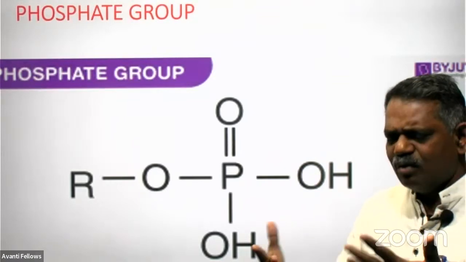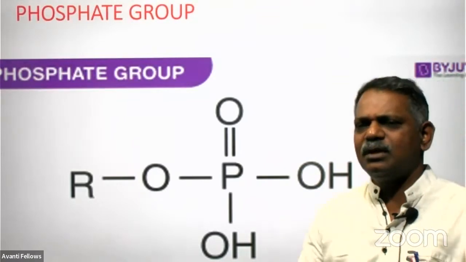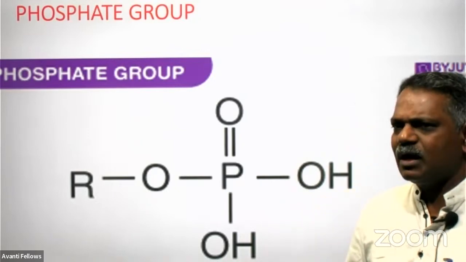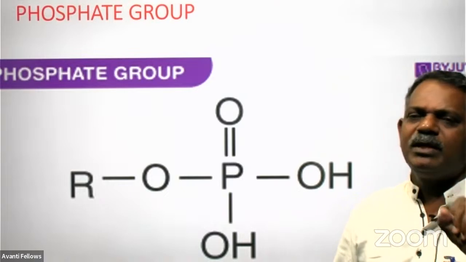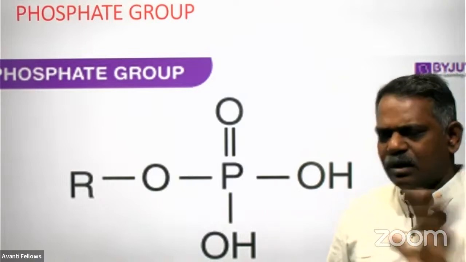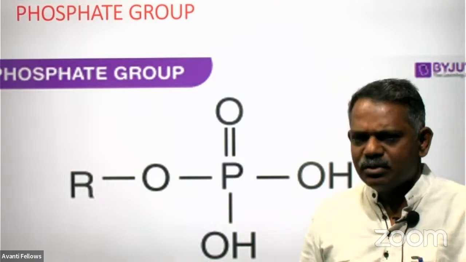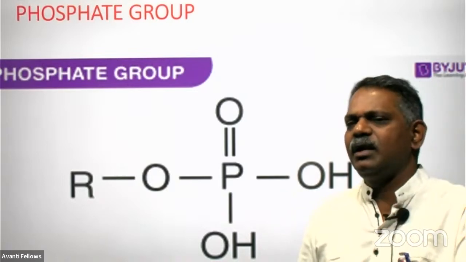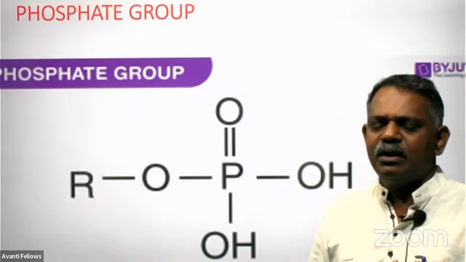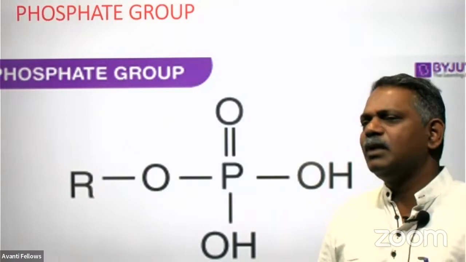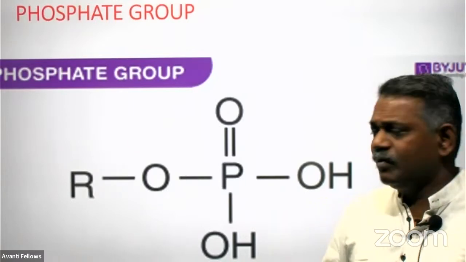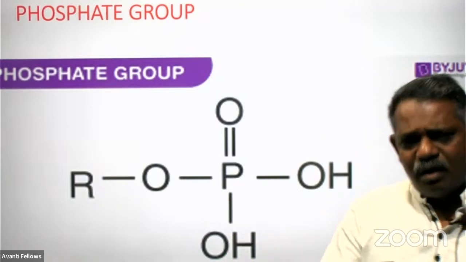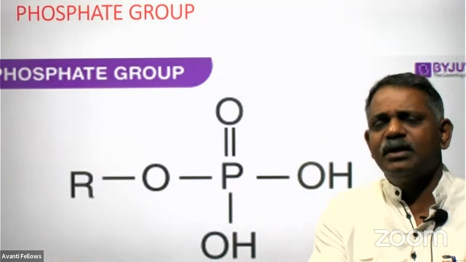And let us see how these components connect to each other in nucleic acids. There are three components. Remember always. One is the nitrogenous base. See the different types of nitrogenous bases present in RNA and DNA. In DNA, remember, there is thymine, then cytosine, guanine, and adenine. Whereas in RNA, all of these will be there except thymine.